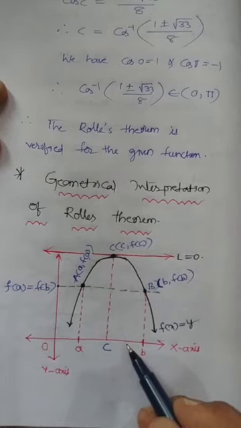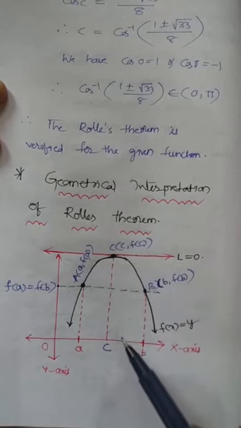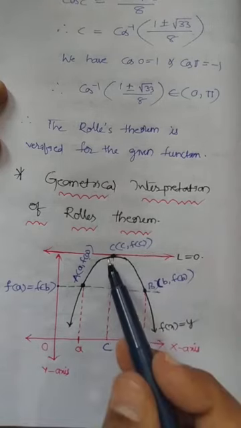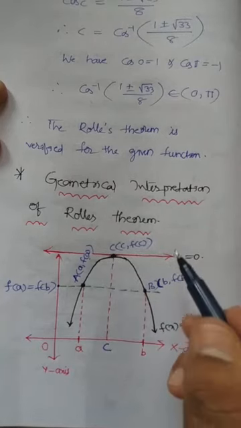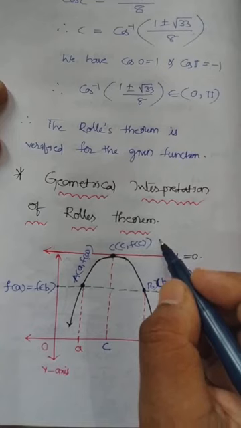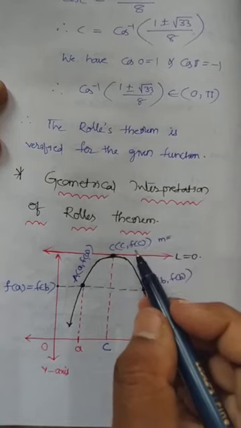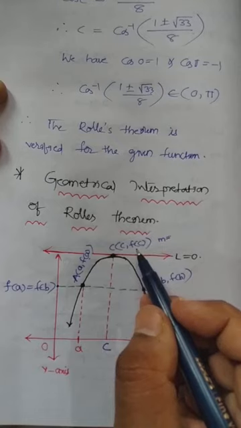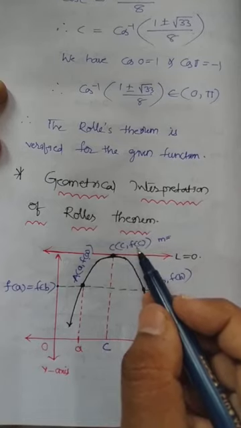Means what it is? The slope of the tangent line must be equivalent to the slope of the x axis. What is our slope of the tangent line at the point C is what now? M is what now? What is it? The derivative, it is what now? X coordinate, it is what now? Y coordinate. Y coordinate derivative.